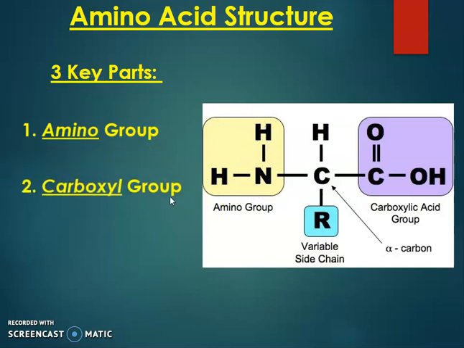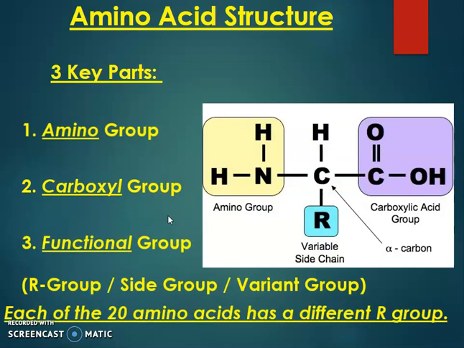Every amino acid also has what's called a carboxyl group. Again, either on the right or left-hand side, you're going to have a carbon double bonded to an oxygen as well as an OH group. This OH group here, as well as one of these hydrogens on the amino group, are going to be important for connecting amino acids.